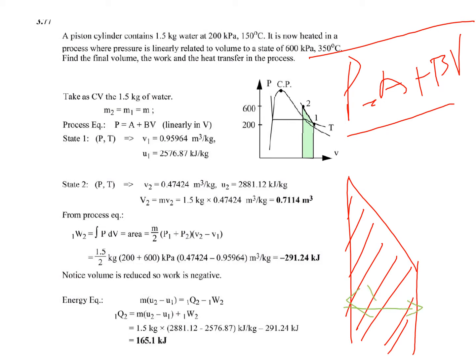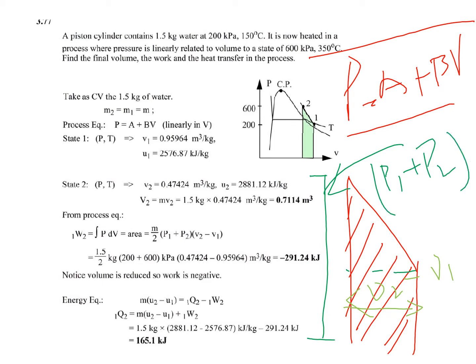that is V2 minus V1, and this is the half of the base into the longer side of the trapezoid. So this is the longer side of the parallel lines, this is equal to P1 plus P2.